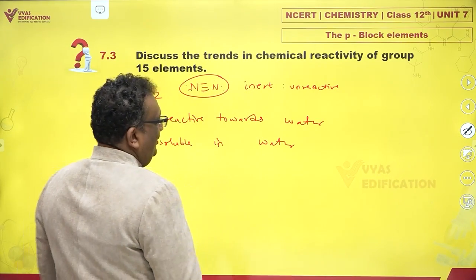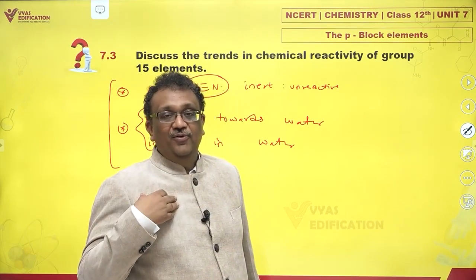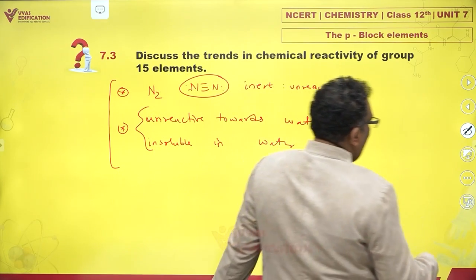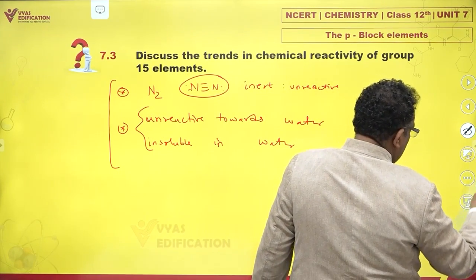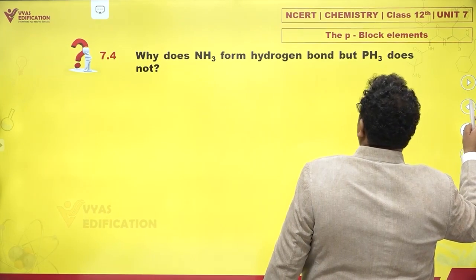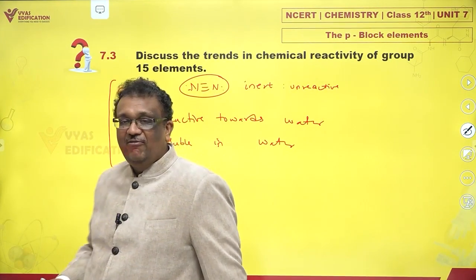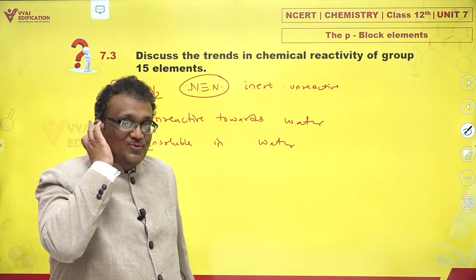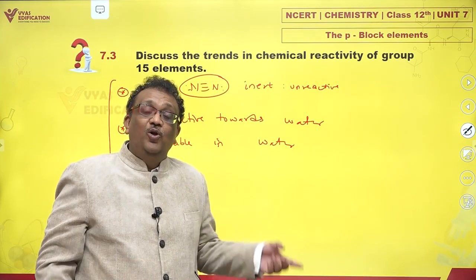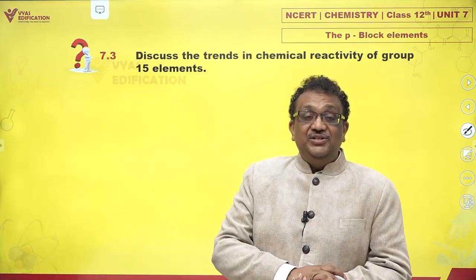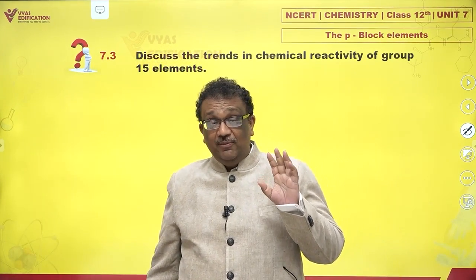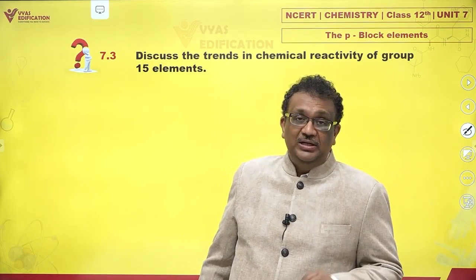What is that? I repeat, I'm not doing it out of happiness. It is just that you don't care for science much. You rather care for the marks. So that is the unfortunate trend in our education system. So I'm telling you the wrong answer and also why it is wrong. I'll tell you both. NCERT, when it comes to chemical reactivity, mentions 4 points.